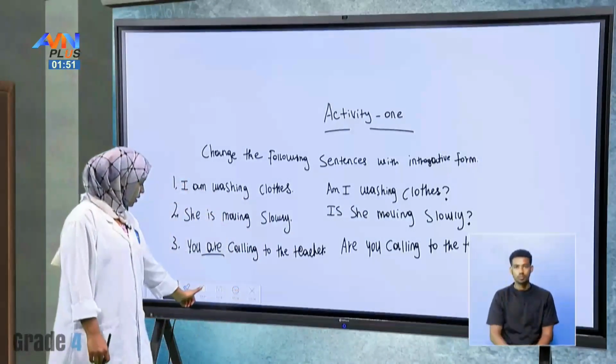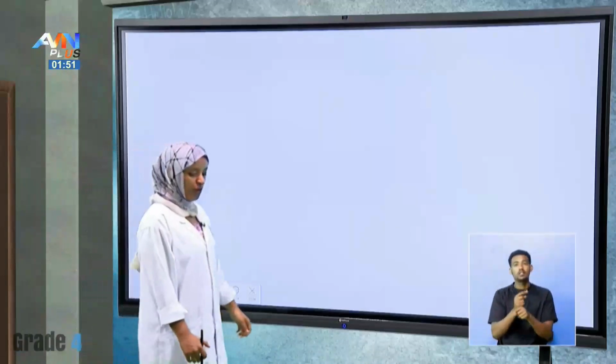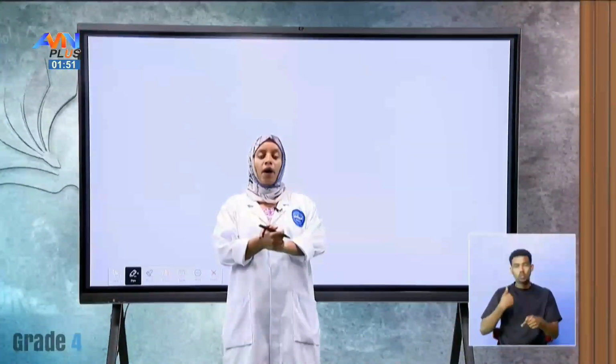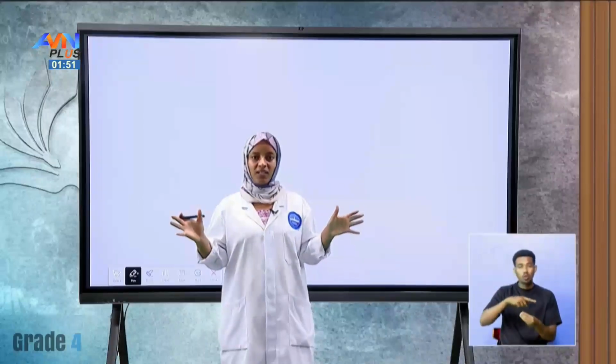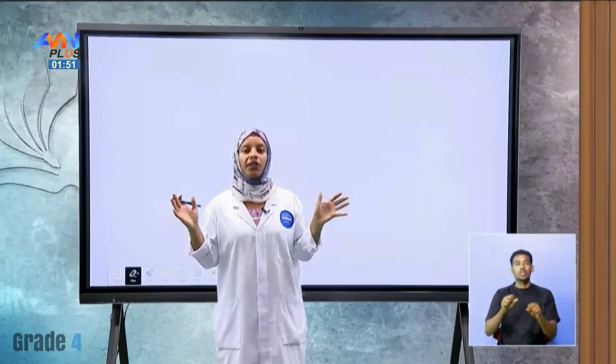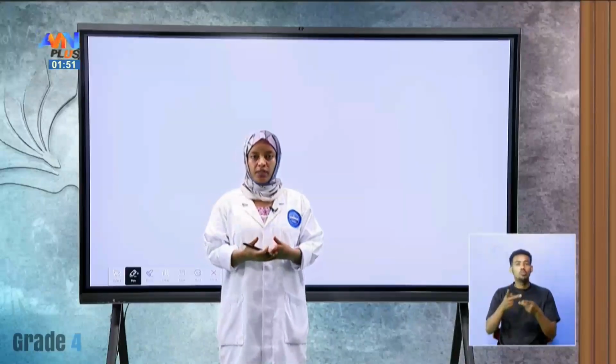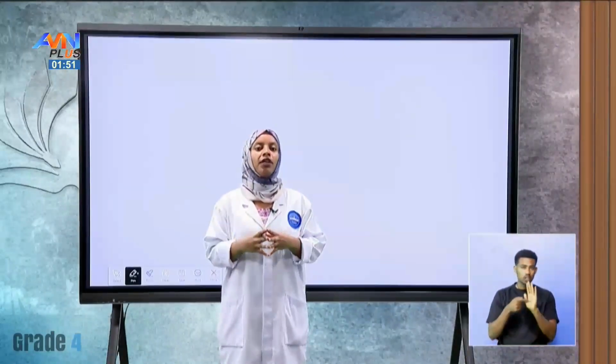Students, this is activity 1 and let us summarize today's lesson. Today, we were learning about present continuous tense. Present continuous tense is also called progressive tense. That shows temporary action.